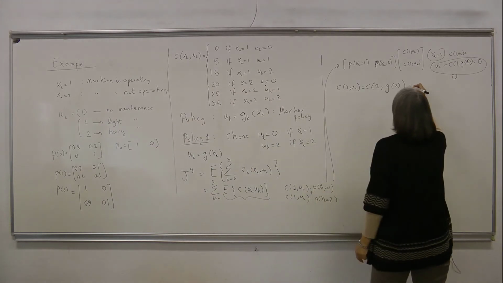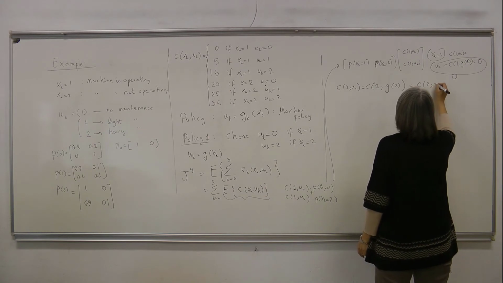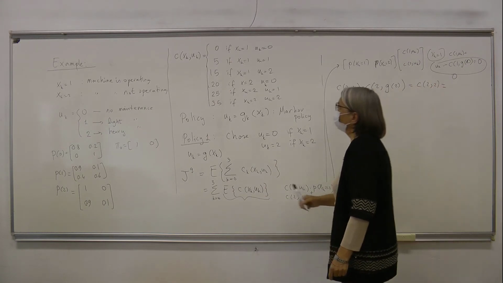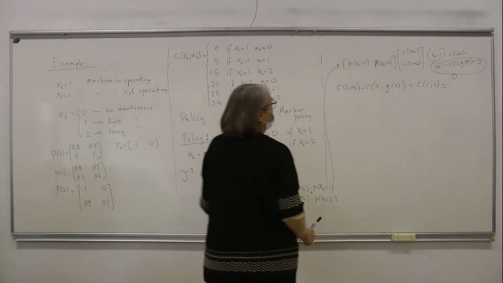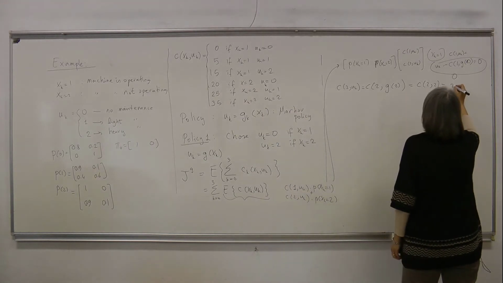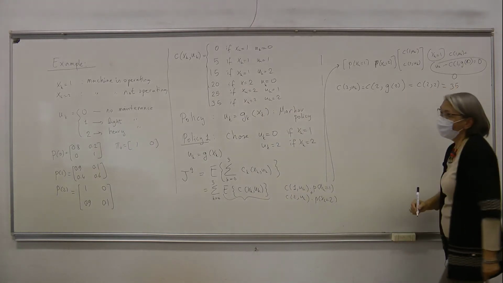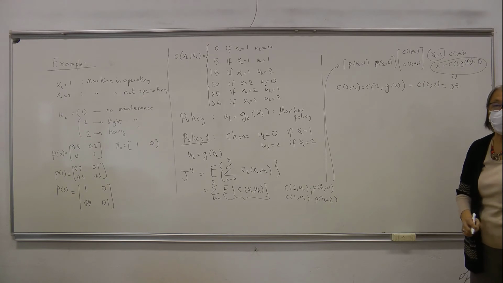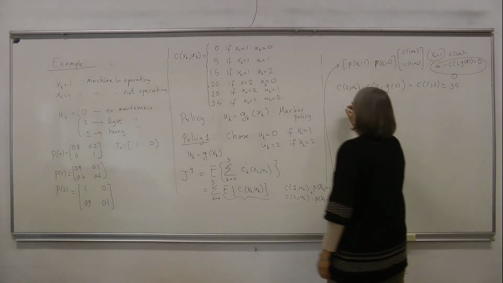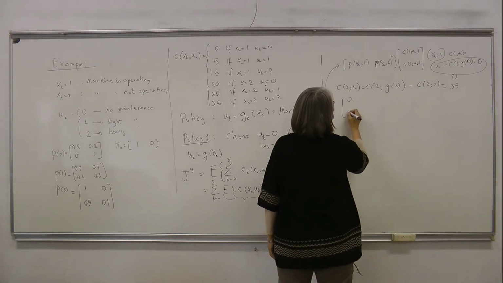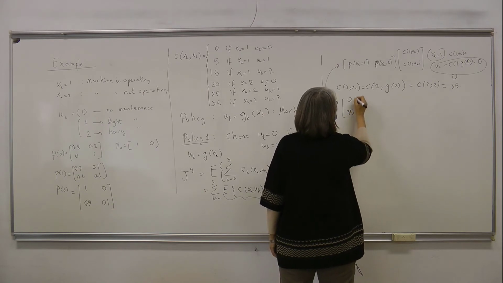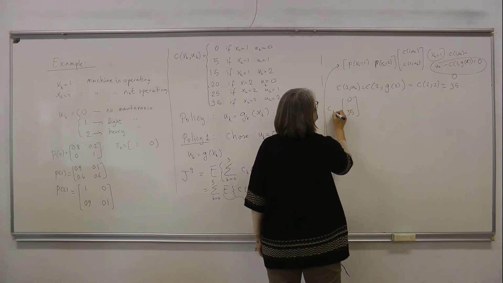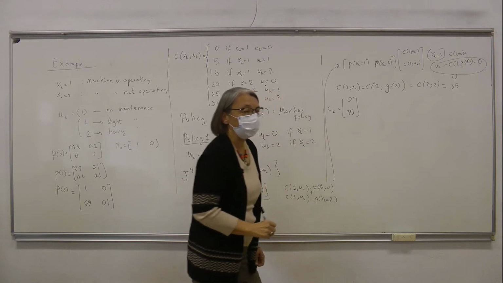And so I would write it as C of 2 and 2. And look at the table and see that that is equal to 35. So whatever the value of k is, we obtain a fixed vector which is equal to 0 and 35 as our ck here, independent of k.